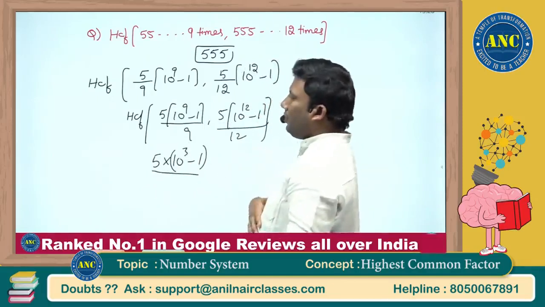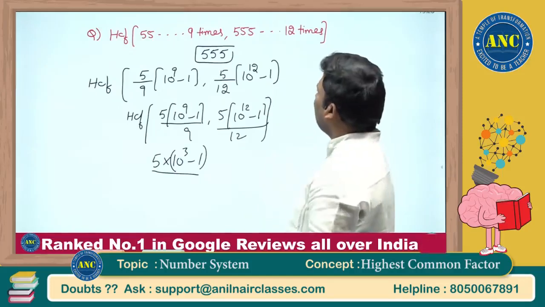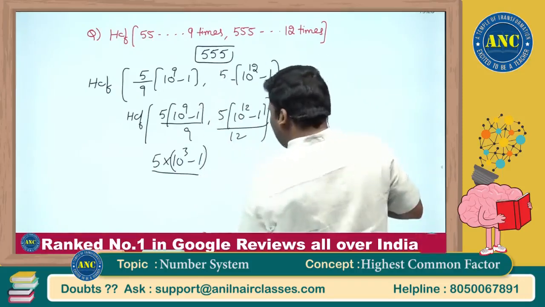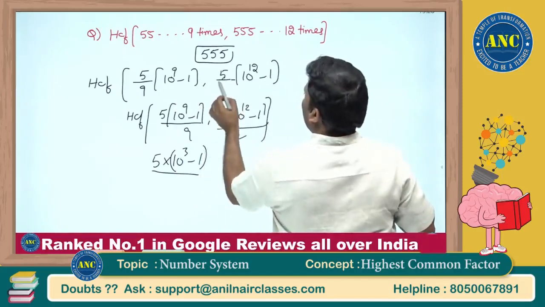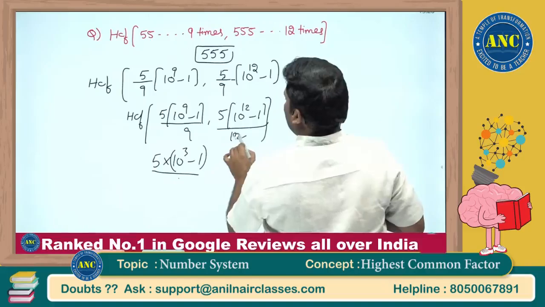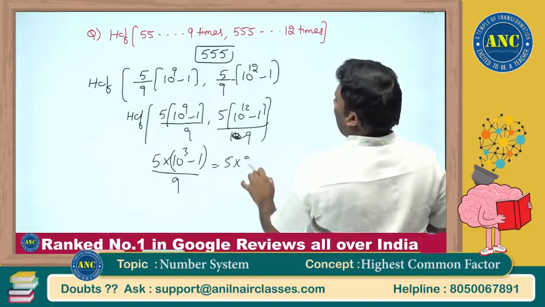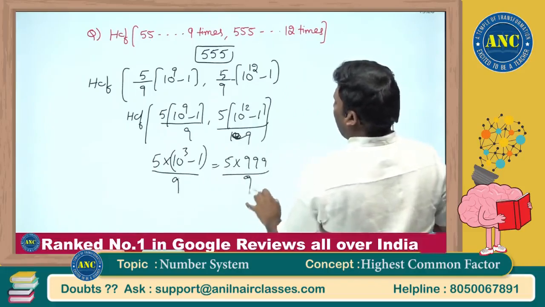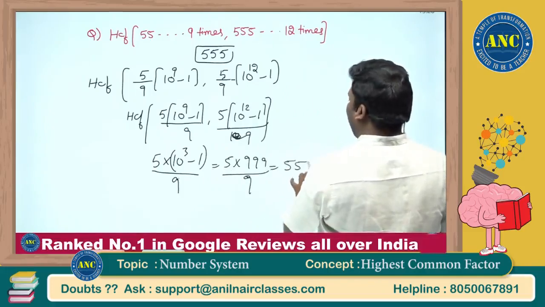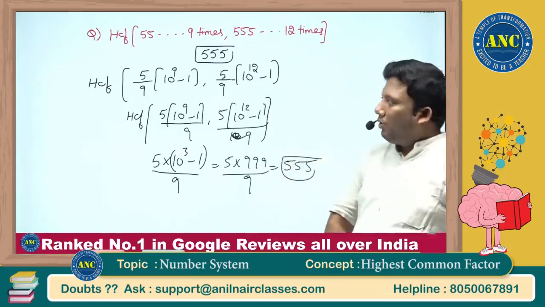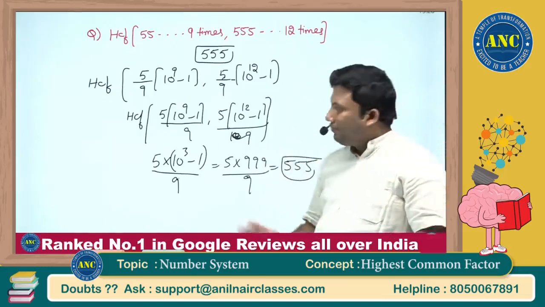Sorry, in the denominator it is 9. So this will be 5 into 999 divided by 9. So the answer will be 5 written 3 times. I hope the idea is clear.